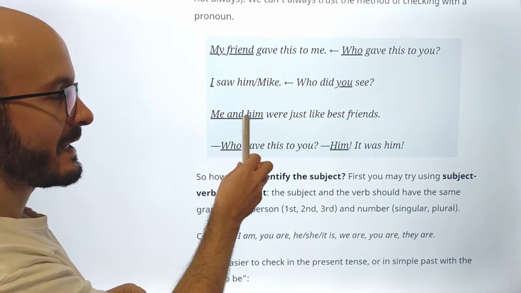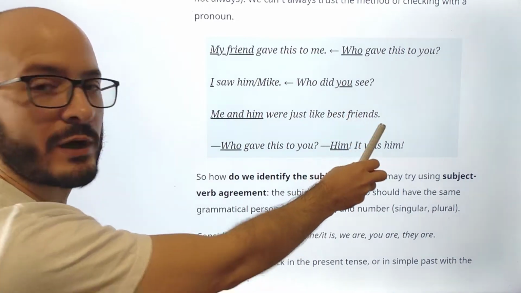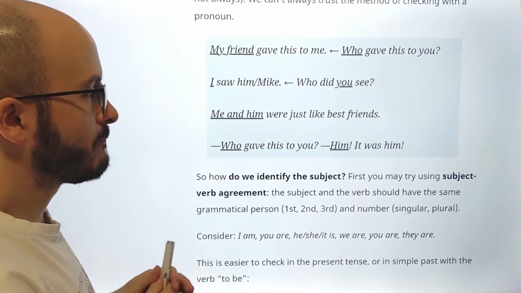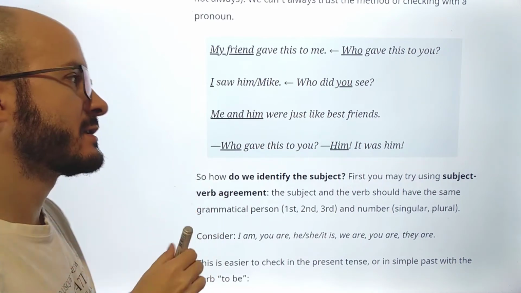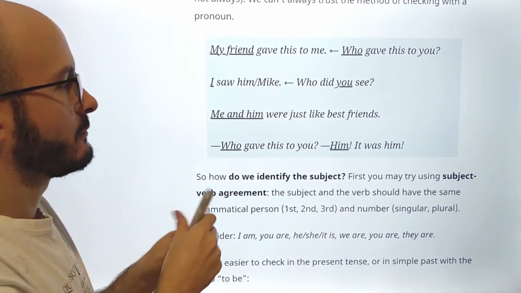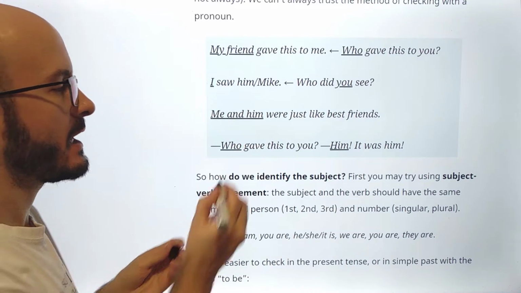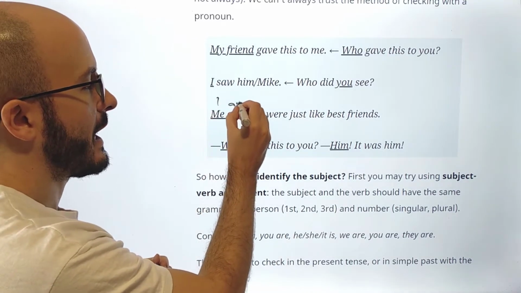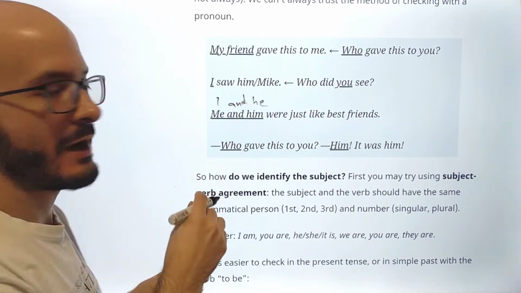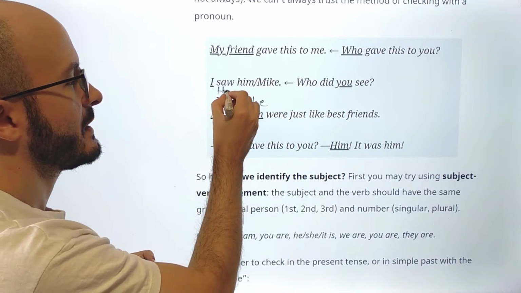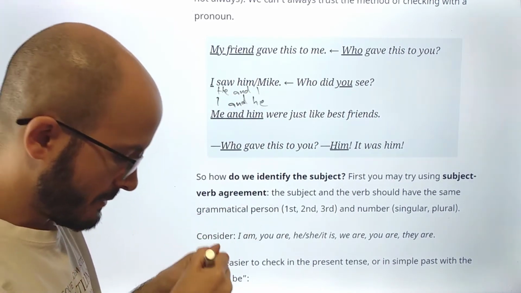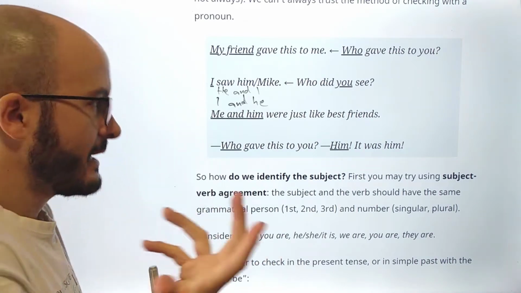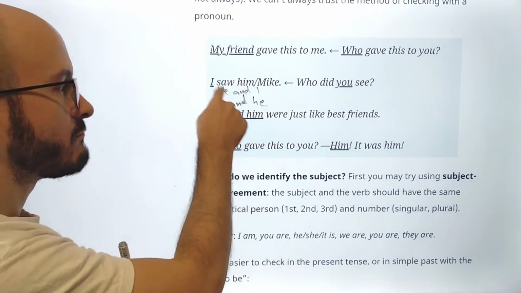Now, me and him were just best friends. Of course, purist teachers might tell you that you shouldn't say me and him. You should say I and he. Or actually, you should say he and I. But that's the theory, that's what you should say.